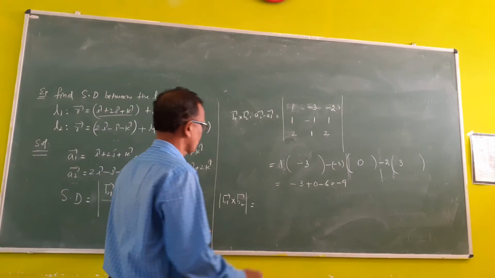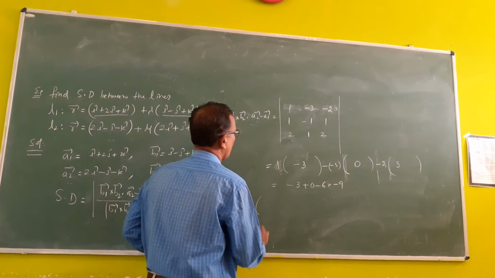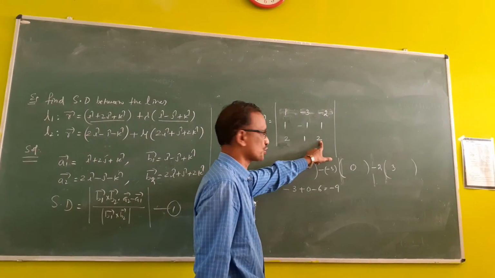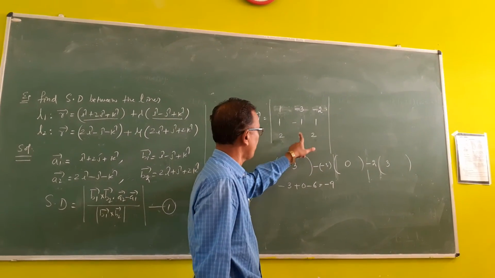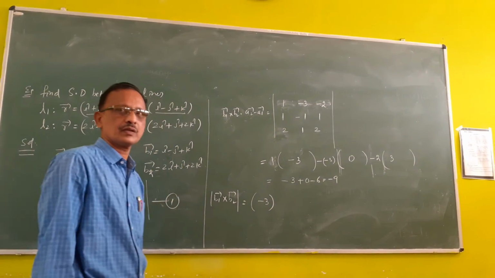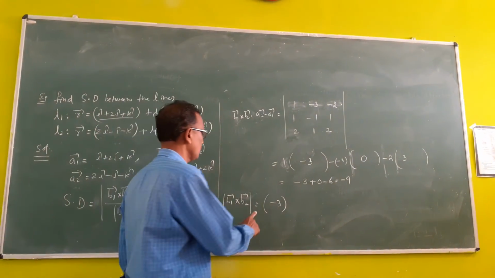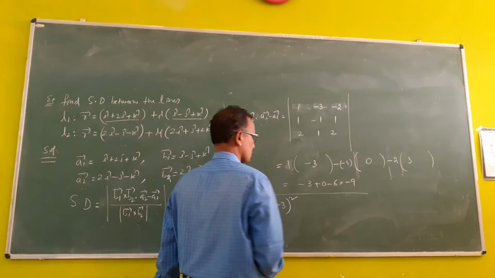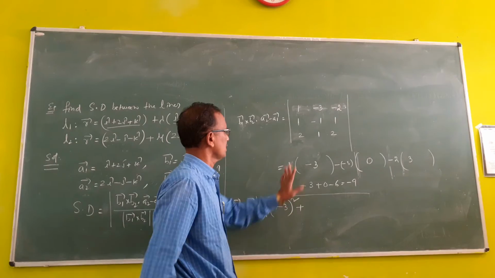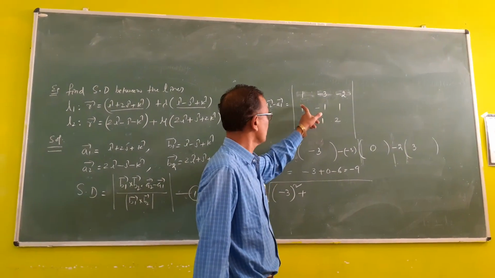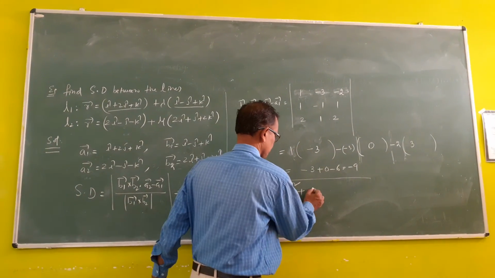Next, the magnitude of the cross product. Minus 2, minus 1, minus 3, whole square under root, plus the next terms, 1 into 2 is 2, 1 into 2 is 2, 0.